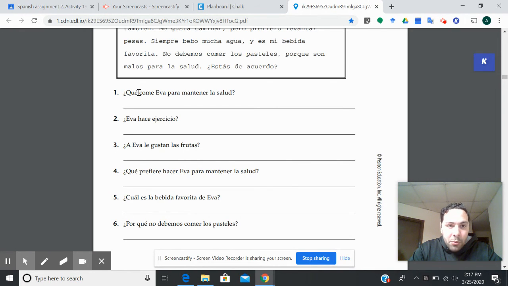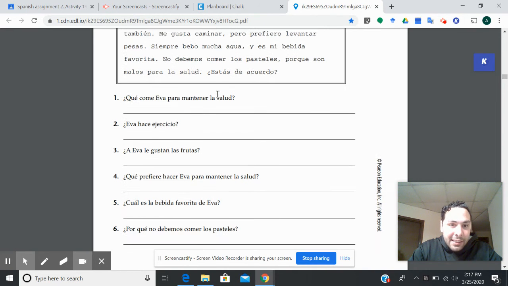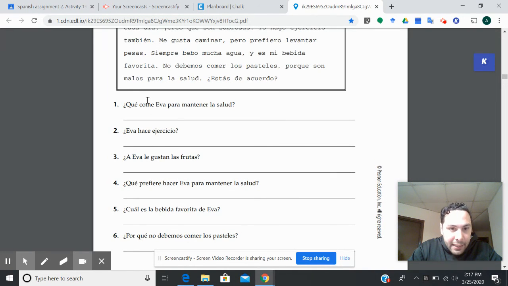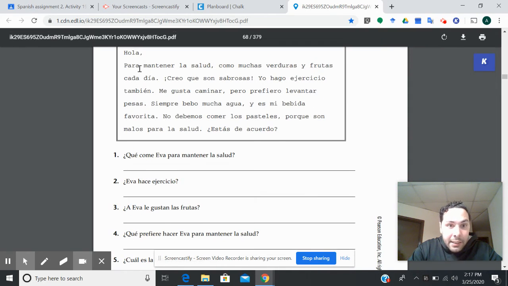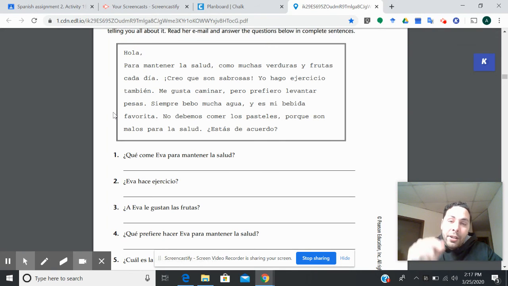So, for example, number one, ¿Qué come Eva? Okay. ¿Qué come Eva para mantener la salud? What does Eva eat to maintain her health? So we'll come back up here, and it's literally right in the first sentence. Para mantener la salud, como muchas verduras y frutas cada día. Now remember, when you answer these questions, you have to conjugate the right words.